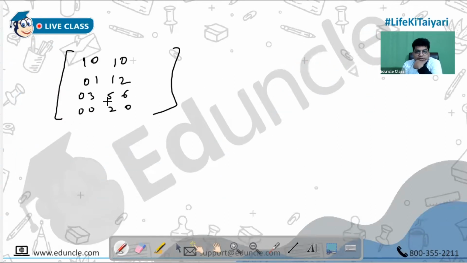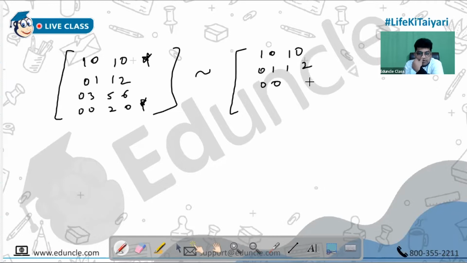What are we doing further? These are starred rows: (1, 0, 1, 0), (0, 1, 1, 2), and 3 times the row gives (0, 0, 2, 0).